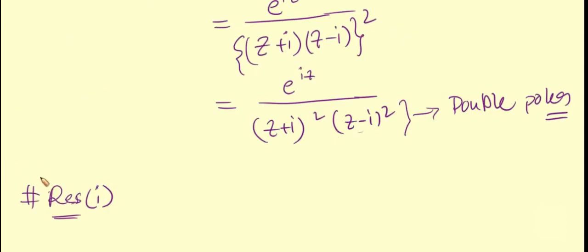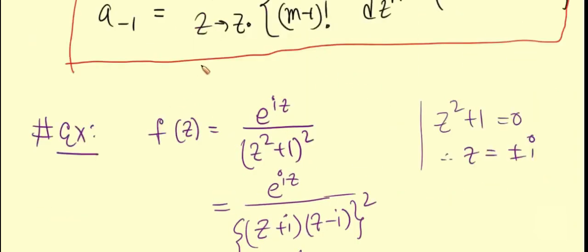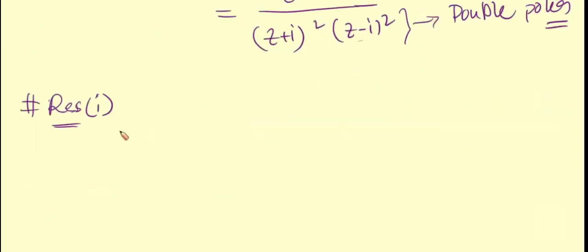So what we're going to do is calculate the residue for the point i, that is corresponding to z minus i. So here our function is this guy, right? This was our function f of z. So first evaluate f of z times z minus i squared. Why? Because the value of m is 2.